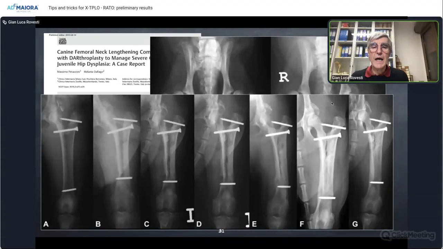I would be a little bit scared of this kind of osteotomy. Actually, I'm quite convinced that this femur fractured, and this is the reason why the femur eventually was in varus. But this is not the point. The point is, I think this is a potentially dangerous procedure, and very aggressive, of course.